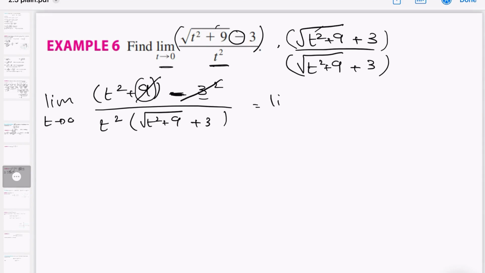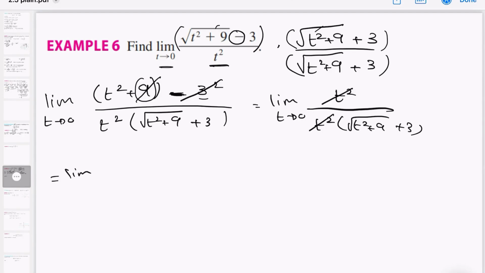We're gonna have the limit of t squared over t squared times the square root of t squared plus 9 plus 3, as t is going to 0. Now we can cancel the t squared from the numerator and denominator, and this will give us the limit of the function, rational function actually, 1 over the square root of t squared plus 9 plus 3, as t is going to 0.